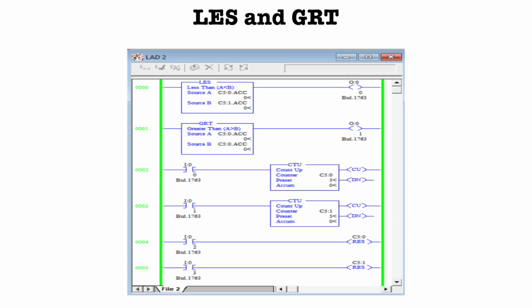So let's see how it operates. LES instruction means less than.